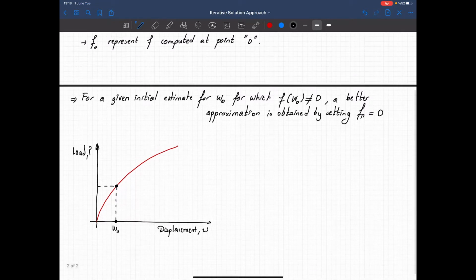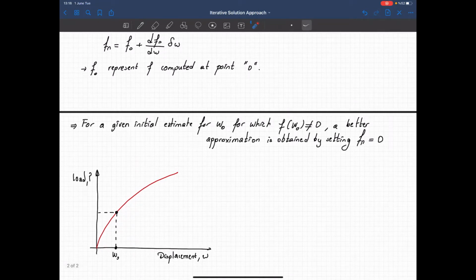Now in that case, remember, this was our equation, so we are setting this f of n as equal to 0.